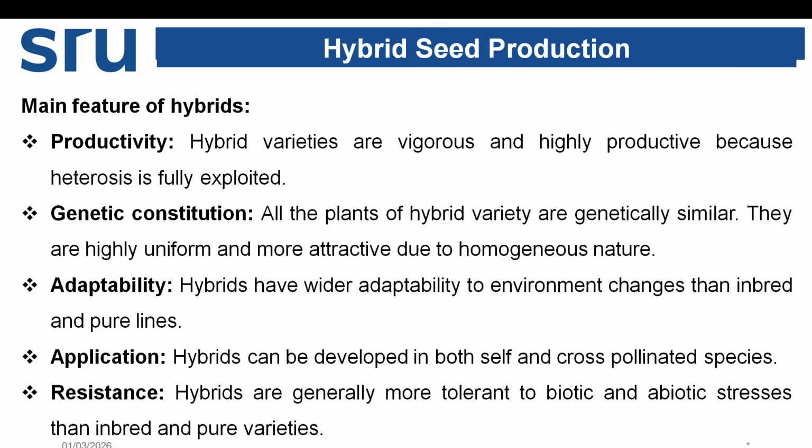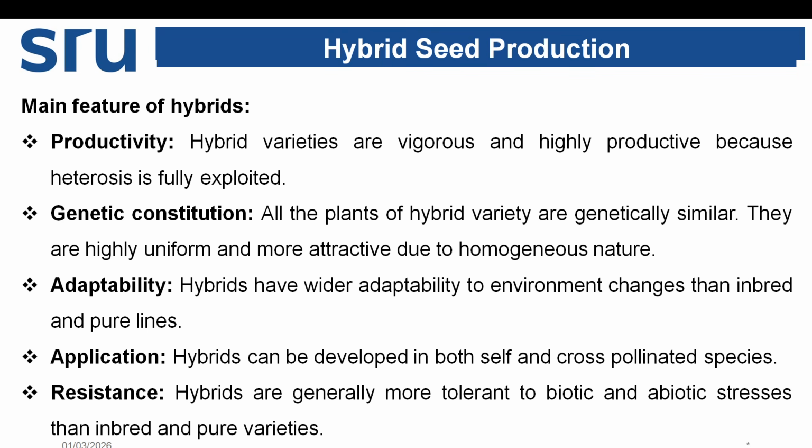Right? What are the main features of hybrids? As I told you, hybrids are ruling the seed industry. So what are the main features? First, most important, that is productivity. Hybrid varieties are vigorous and highly productive because in hybrids, heterosis is fully exploited.